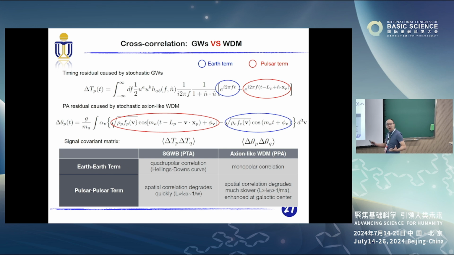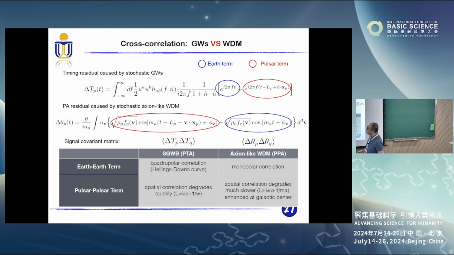Let's find out their similarity and difference. The first formula is the timing residual caused by stochastic gravitational waves. As is known, this effect is determined by two terms. One is called the Earth term, and the other is called the pulsar term.